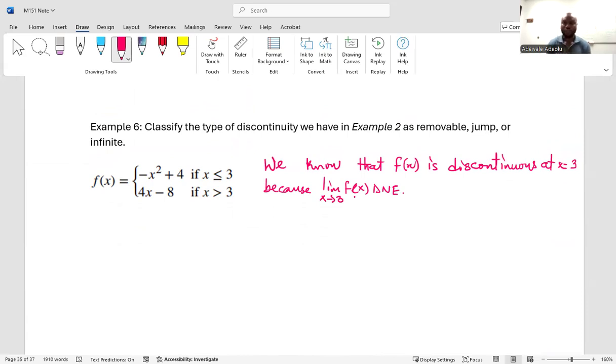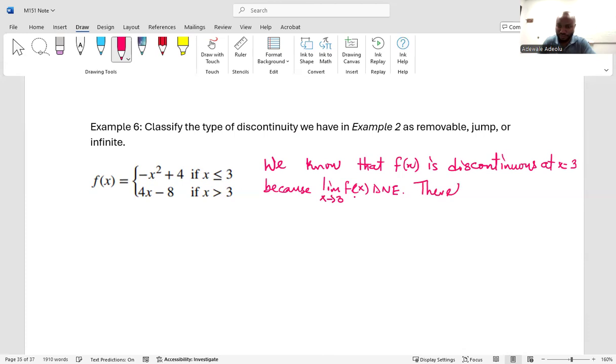Now, this function is discontinuous at x equals 3. Why? Because the limit does not exist. And from our calculation, we realize that the limit does not exist because the limit from the left is not the same as the limit from the right. So you will see there is a jump.